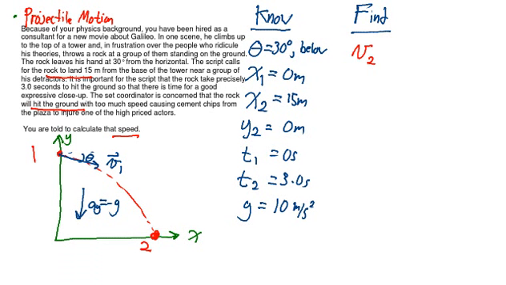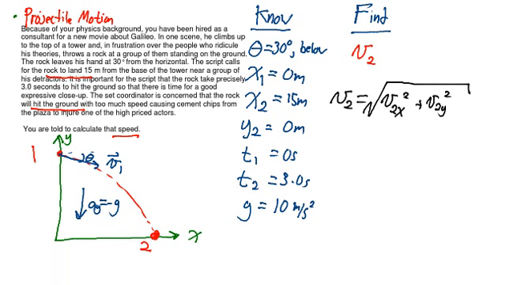Alright, so my strategy is to find this speed by using Pythagorean's theorem and using the velocity components. So v2 would be equal to the square root of v2x squared plus v2y squared.